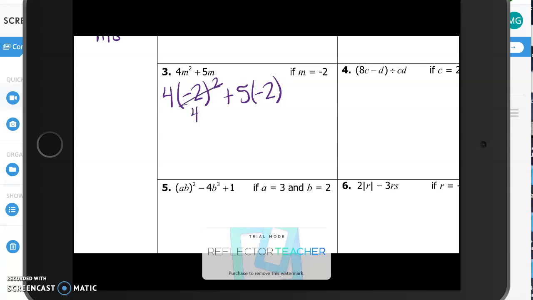If you don't have the parentheses around it, it's going to give you -4, which is wrong. Also notice I don't multiply first, I need to do the exponent first. So 4 times 4 is 16, plus 5 times -2 is -10, so I end up with 6 as my final answer.